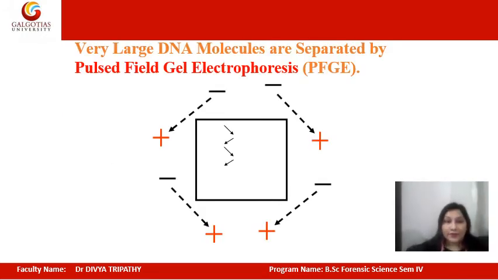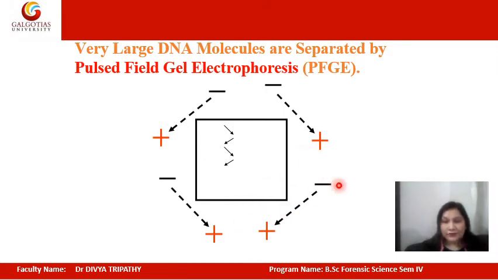If we are going to separate very large DNA molecules, then we have to use a different type of gel electrophoresis, pulsed field gel electrophoresis. You can see here, this has a different setup. We have four different electrode systems. This one shows movement from minus to plus, again minus to plus, and after reaching this plus end, we will again have another setup.